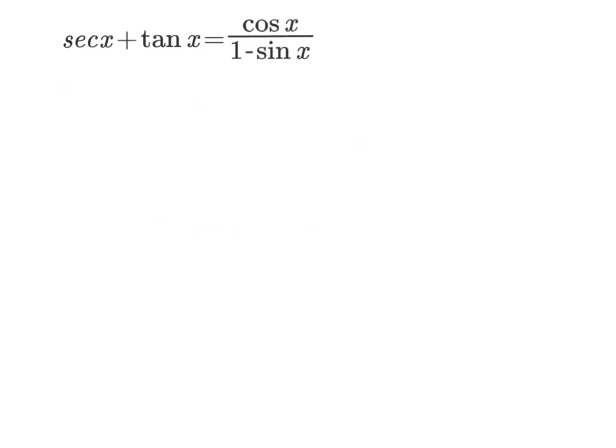Okay, this last one, we could work the left side again, just like the previous problem, but I want to show you something with the right side that sometimes comes in handy. Here, it would be really nice if this was a sine squared, because then we'd have a Pythagorean identity. In order to make that so, we can multiply by the conjugate.